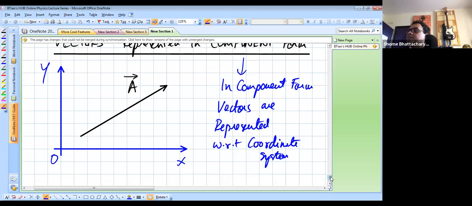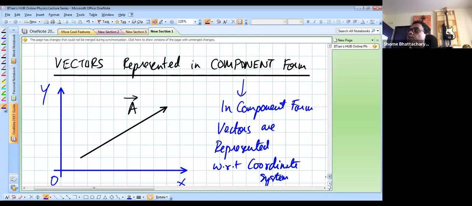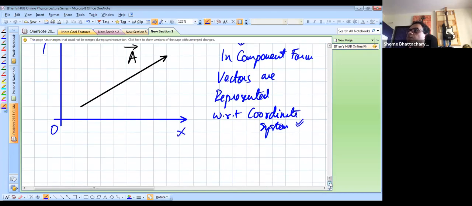And now the next thing, our representation of vectors in component form is going to be based on our knowledge of coordinate system or coordinate geometry. Okay. So before we start the actual representation, there are a couple of important definitions.